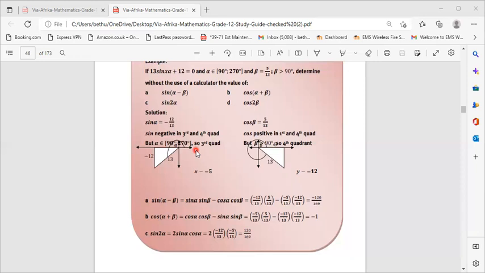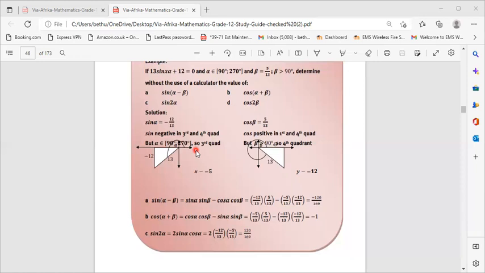Yes. So using Pythagoras theorem, the unknown side or the adjacent side is equal to -5. So we can write x is equal to -5.